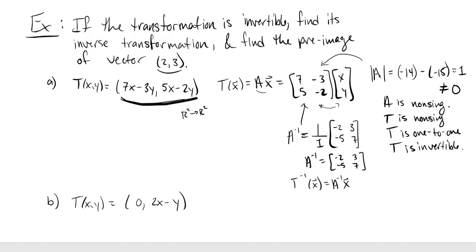So if I want to find the pre-image, the vector in the domain that maps to 2, 3 under this transformation T, all I need is the inverse applied to this 2, 3.